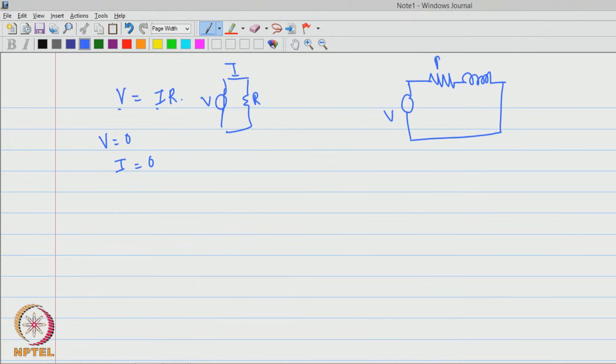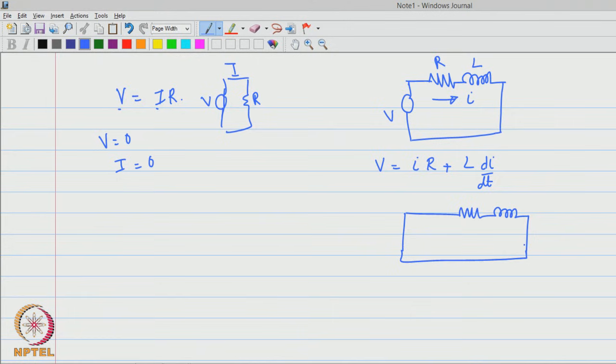This is my R, L, and if I write down the dynamics, it would simply be V equal to IR plus L di by dt, and I say I just put this voltage source, I let the system go on for a while, for a few seconds say, and later on what I do, I just take out the voltage, which means I am now looking at a circuit which looks like this.